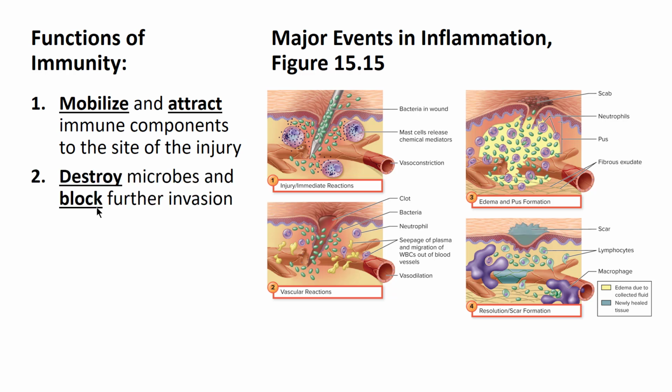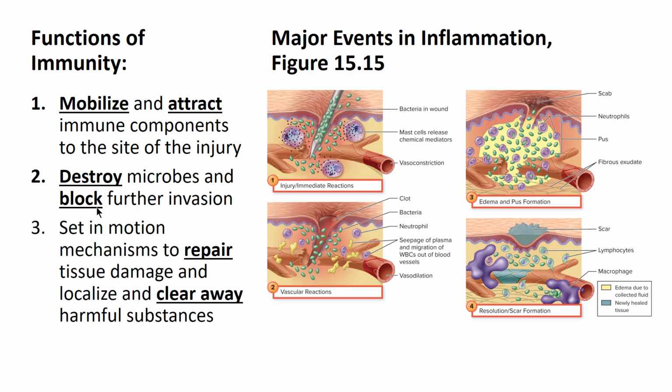Get them in there as quickly as possible. Once they get there, those cells can be used to block microbes or destroy them so that they can keep them from spreading. And then over time, they set in motion mechanisms to begin the repair process.